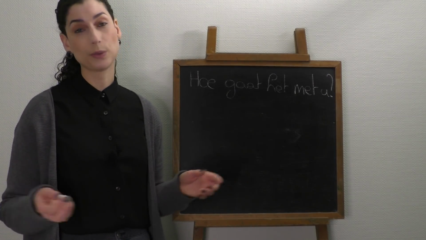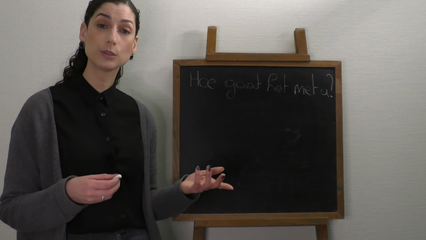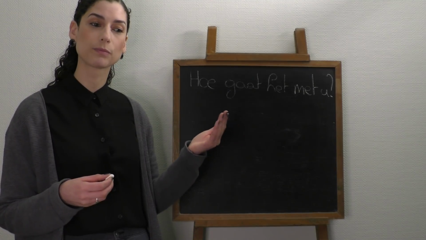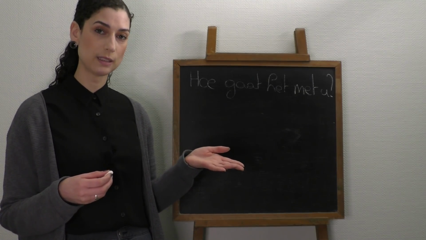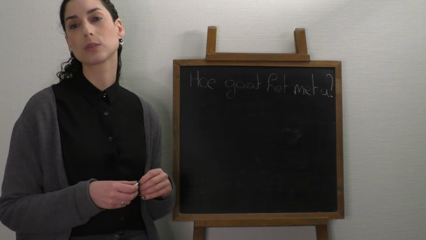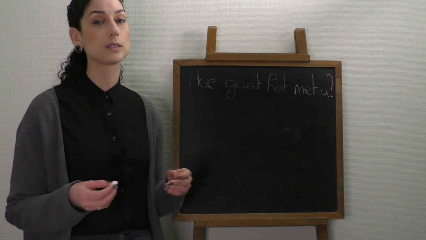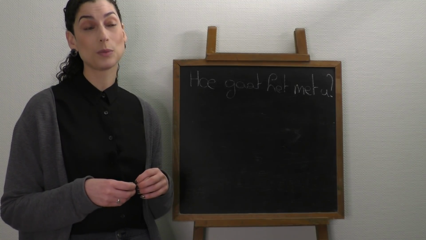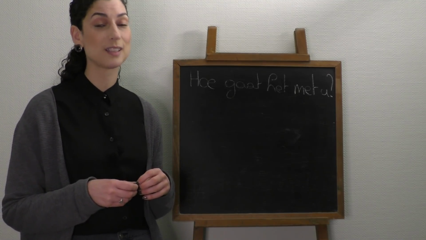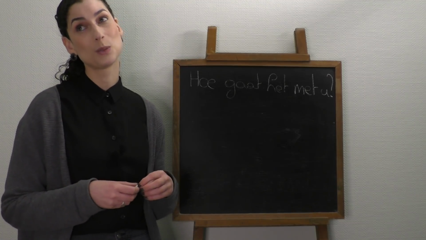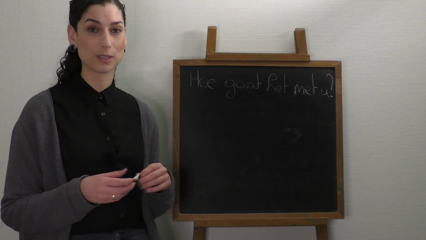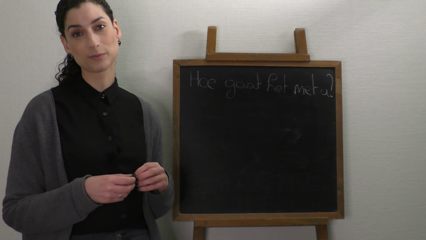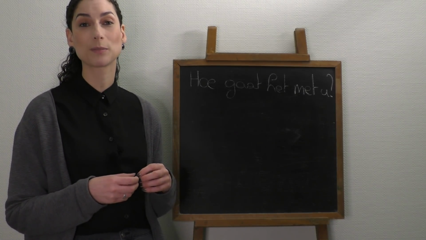A reply to this could be goed, which we saw in the greetings. Goed, or het gaat, or something they say quite a bit is ça va, which is actually French, but it's very common in the Belgian dialect. Ça va, het gaat, it's going.